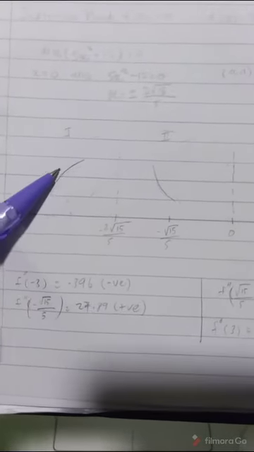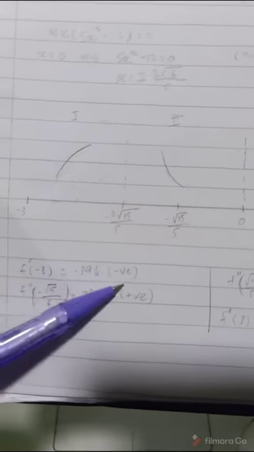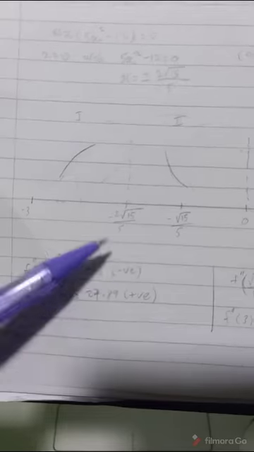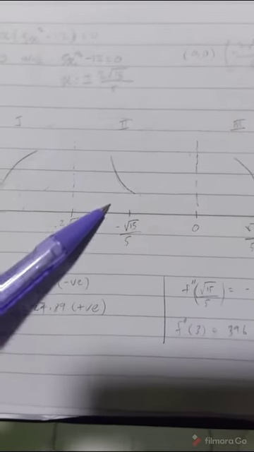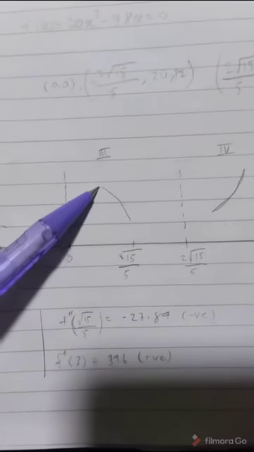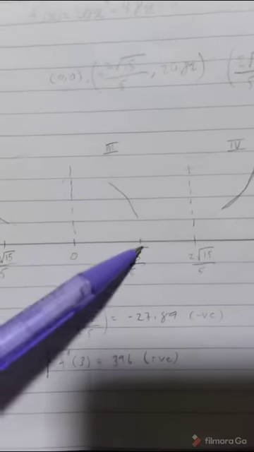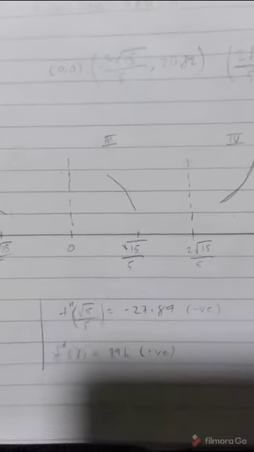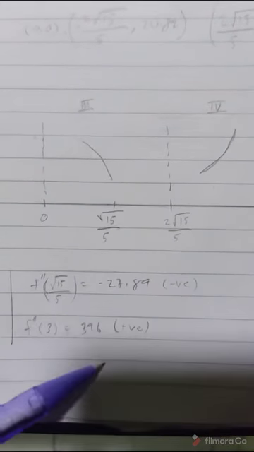The first place is concave downward because the sign is negative, the second place is concave upward because the sign is positive, the third place is concave downward because the sign is negative, and the last one is concave upward because the sign is positive.